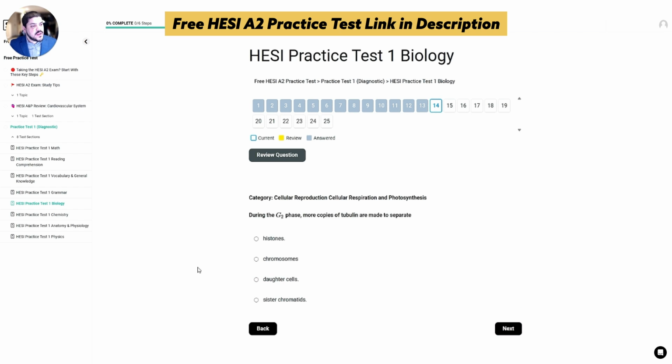Next question. During the G2 phase, more copies of tubulin are made to separate what? Histones, chromosomes, daughter cells, sister chromatins. During the G2 phase of the cell cycle, more copies of tubulin are made to separate B, chromosomes.